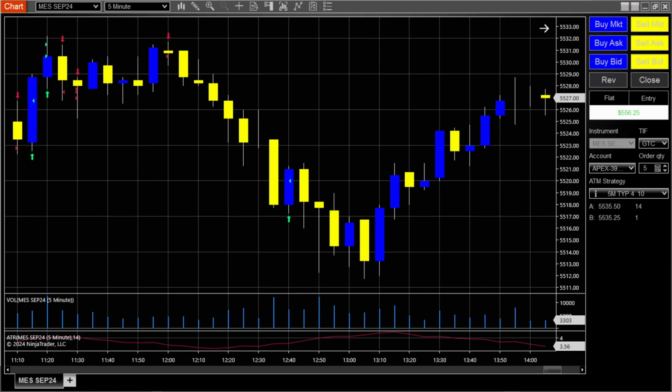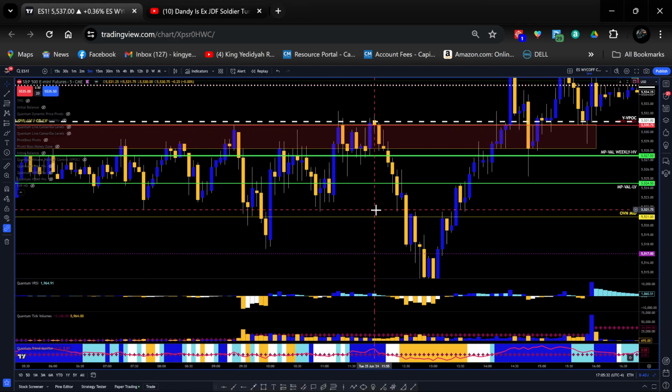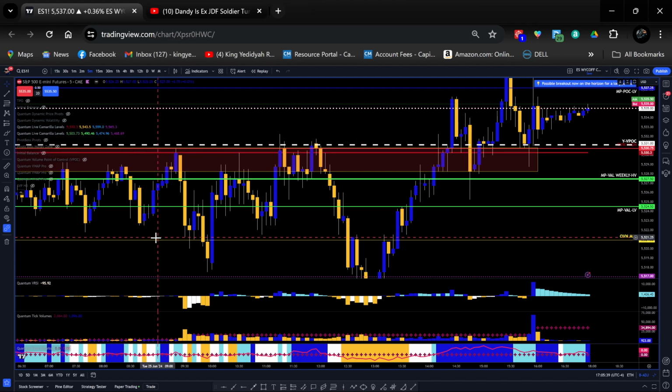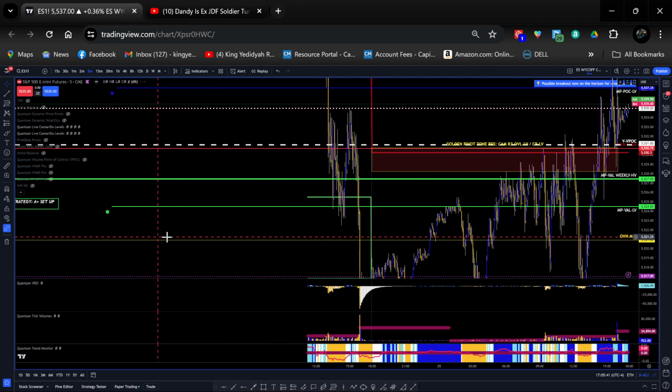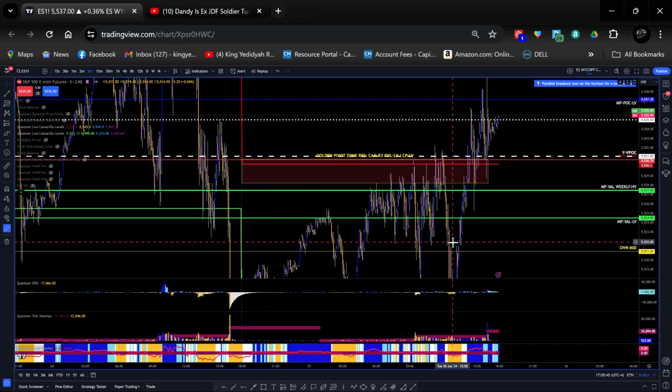So let's go to my charts here on TradingView. Let's start off with the Camarillas. As I was saying in my trade setup video, Camarillas are in an overlapping lower value relationship.